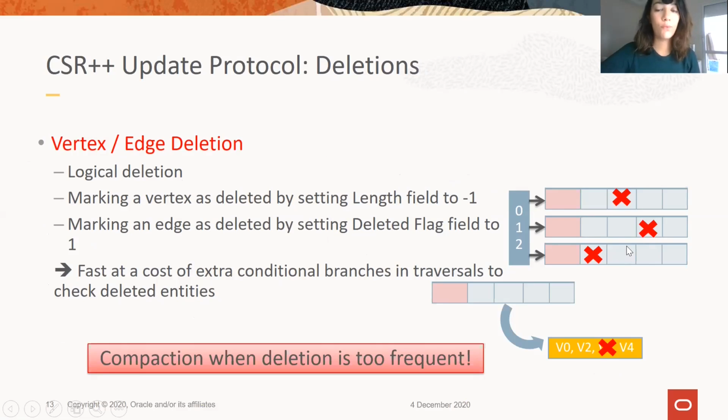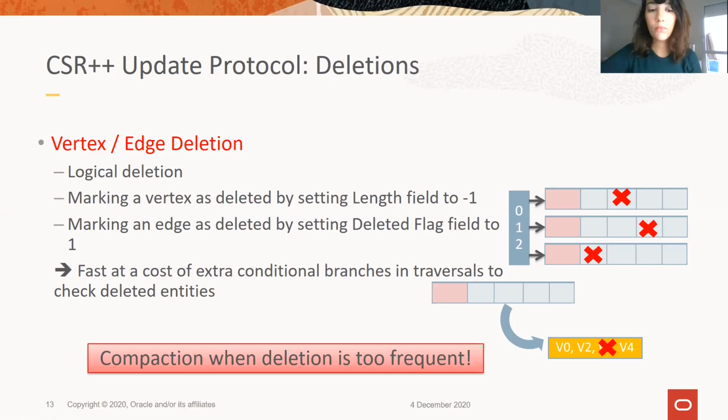when deletions become very frequent, meaning that we have a lot of X's in segment arrays and in edge arrays, we're allowed to perform compaction. By compaction, we mean we're going to reuse the space that was used by the deleted vertices or edges, compact the arrays, and remove the unused space.